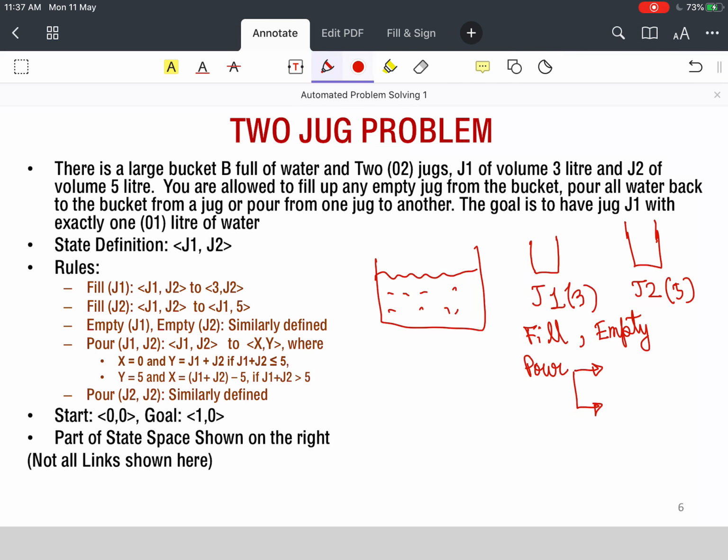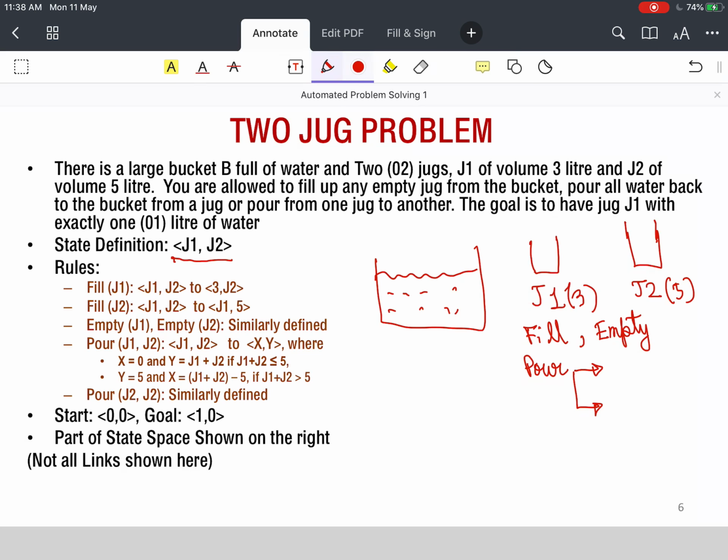One is the jug that you are pouring from becomes empty, or the jug that you are pouring to becomes full. So these are the rules of the game, and therefore we define the configuration or state by what are the values of water in each of these jugs.